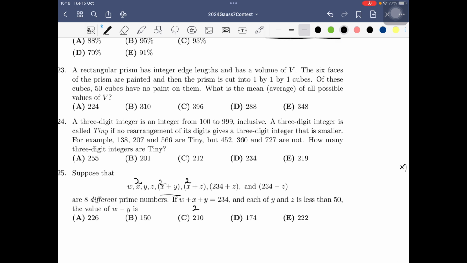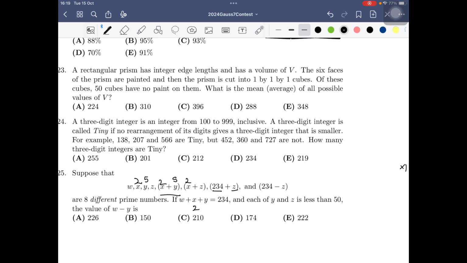And let's find another one. Let's say y is 5. Then 2 plus 5 is 7, which is valid. 234, this is a multiple of 3. So z should be 5, like a 3 cannot be the case because 3 is also a multiple of 3.